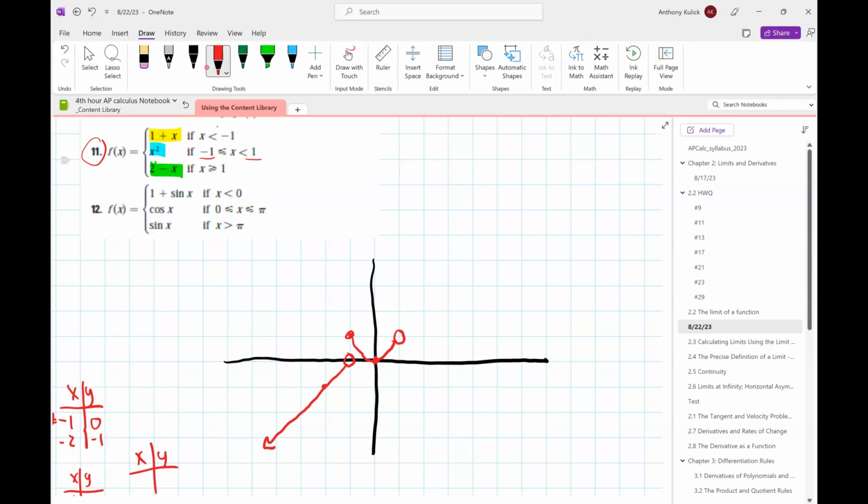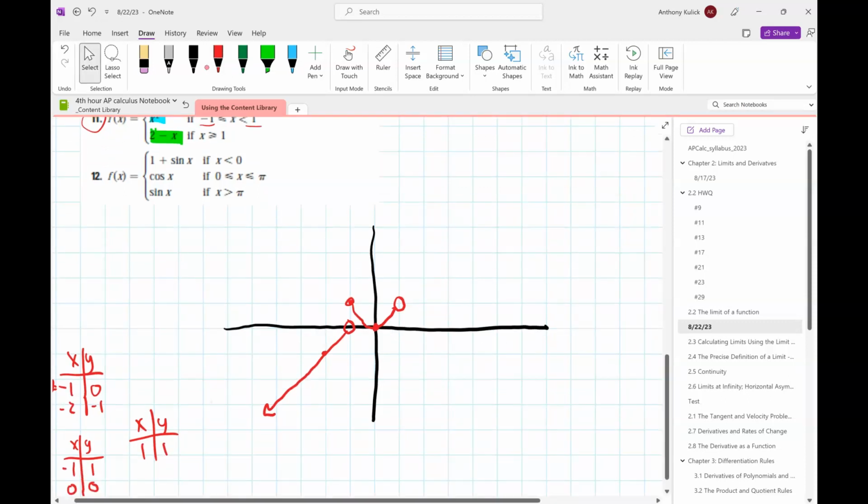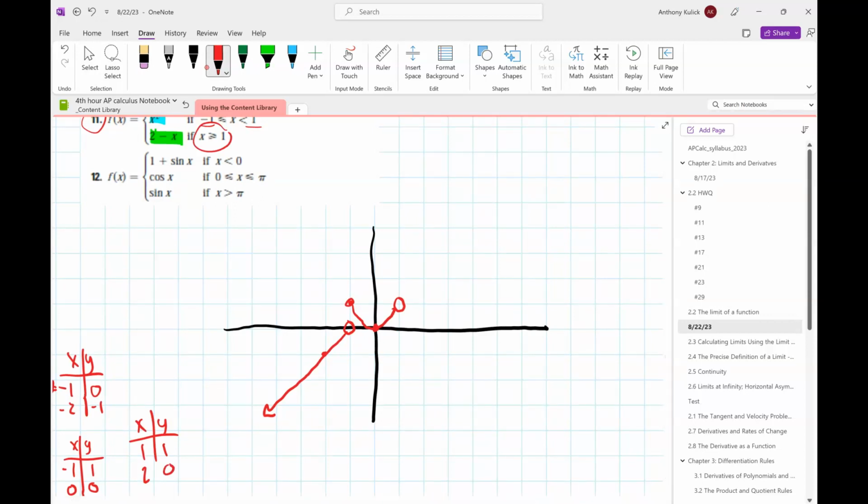I definitely need the boundary value of 1. And when I plug that in, I get 1. And then I need another value that's greater than 1, so maybe I'll pick 2. That gives me 0. So when I plot 1, 1, that fills in the open circle. And then I have 2, 0. So there's my graph.